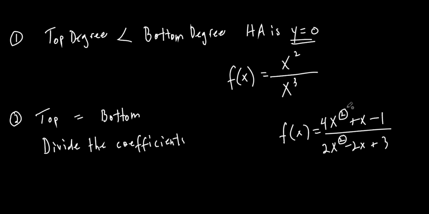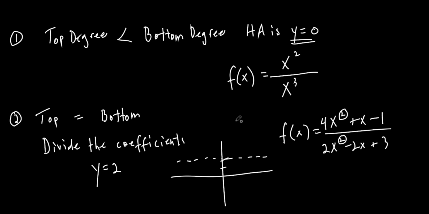What do I mean by the coefficients? Well, the coefficients of your highest degree terms. So this is 4, this is 2. So what's the horizontal asymptote to this? It's y equals 2. That means that on the y-axis, 1, 2, this would be your horizontal asymptote. Everybody with me on that? Okay, so that's what you got to know for that.